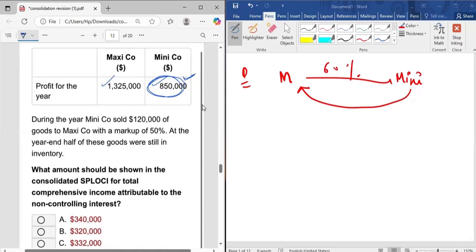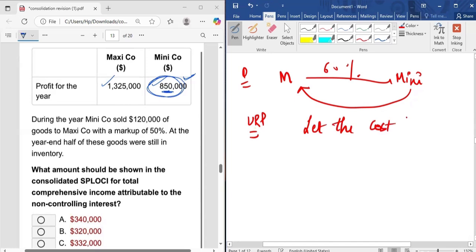But when we are doing consolidation, we have to remove this unrealized profit. So we will subtract unrealized profit from this 8,50,000 figure. Let us first calculate our unrealized profit. So see, let the cost be X. So X plus 50% of X will give us $1,20,000, because this is the selling price.